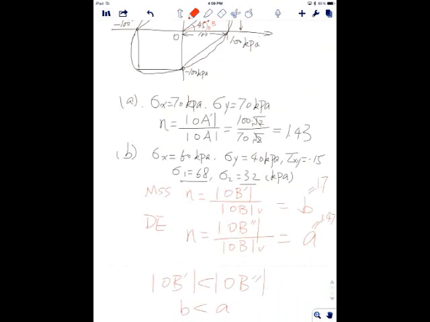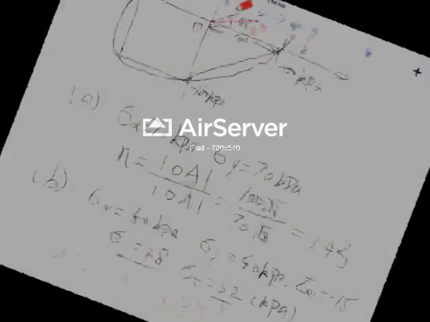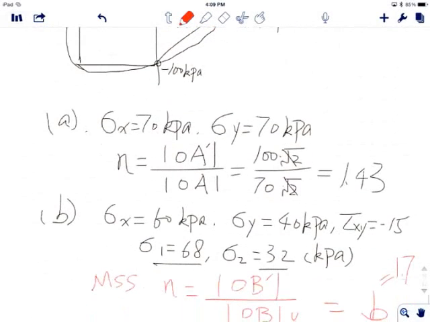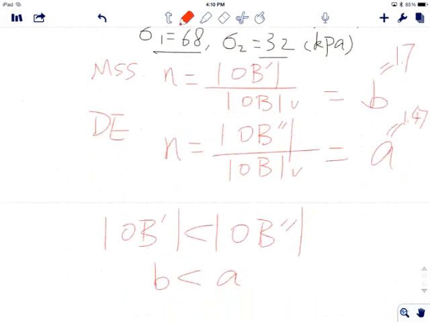So this example shows you where you have distortion energy and maximum shear stress, how you can relate them to guide your design of materials systems, or other mechanical engineering components. Because once you use these two criteria, you can calculate your design safety factor, or in other words, once I give you a design safety factor, you can compare them to see whether failure is going to happen or not, right?